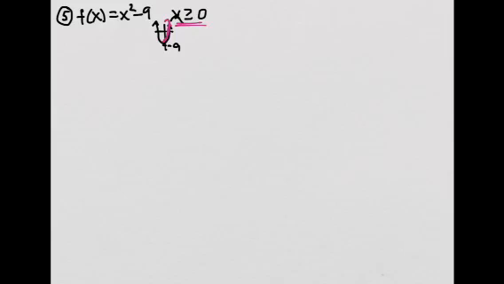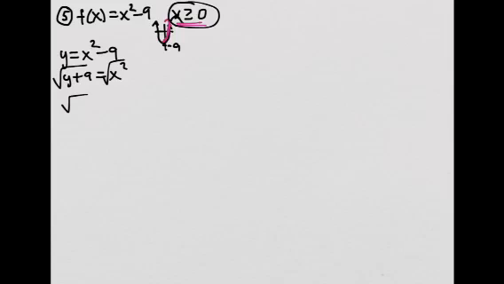So y equals x squared minus 9. Again, remember, this is a domain, x is greater than or equal to 0. And I'm going to add 9 to both sides. So when I add 9 on the right side, I get just x squared. Then I take the square root.